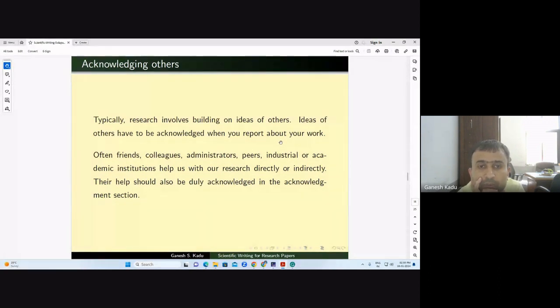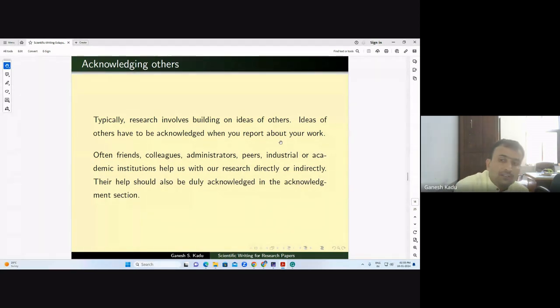Many times when you carry out your research, you are helped by your friends, peers, or even academic institutions. A particular instrumentation facility is not available at your institution, but it is available in some industry or some other academic institution, and they provide their facility to carry out the research. Then you should acknowledge.